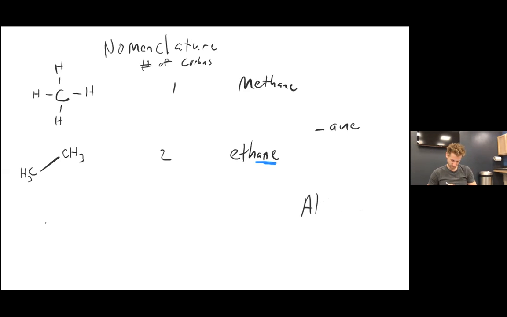So 2 carbons, ethane. 3 is going to be propane. So prop, eth, and meth here are our first 3 prefixes. Our next one is going to be butane.